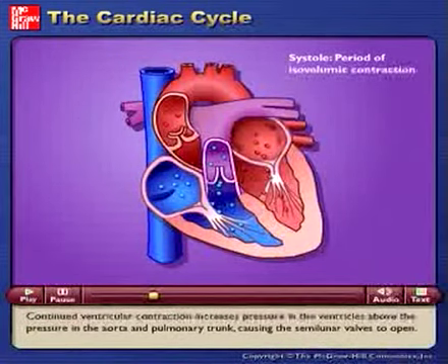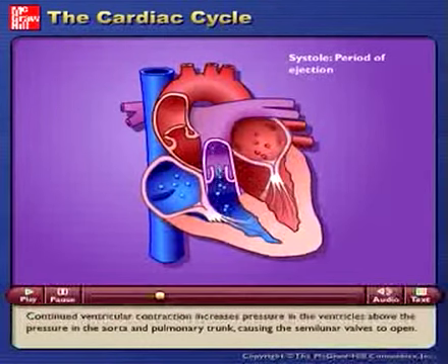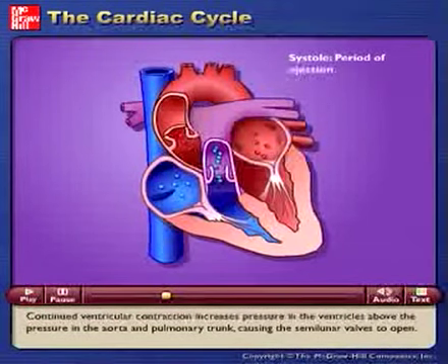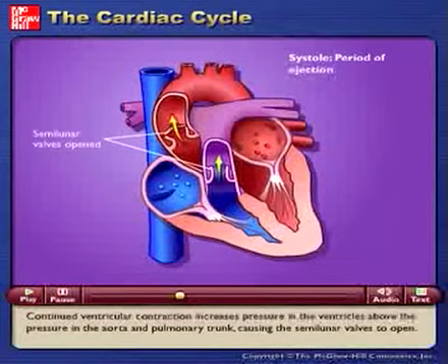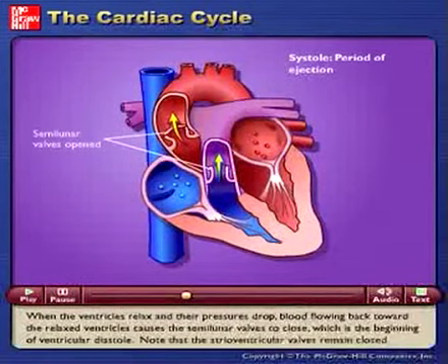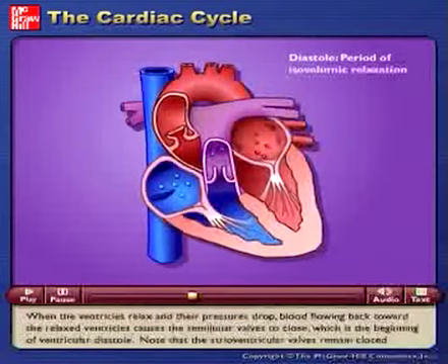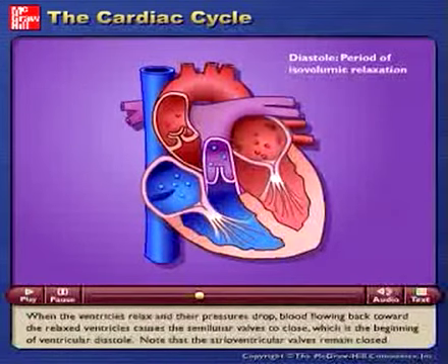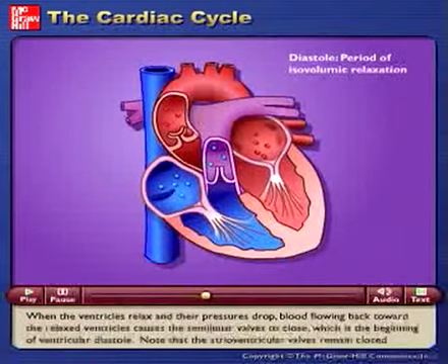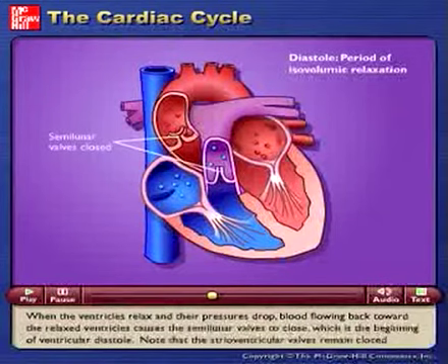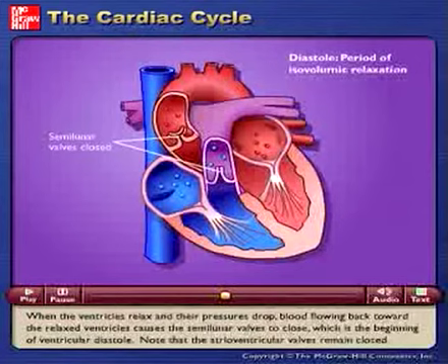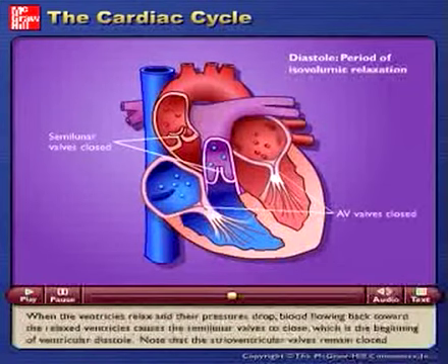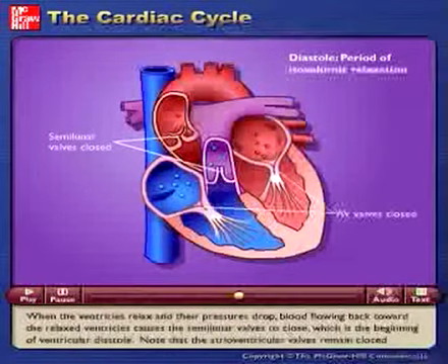Continued ventricular contraction increases pressure in the ventricles above the pressure in the aorta and pulmonary trunk, causing the semilunar valves to open. When the ventricles relax and their pressures drop, blood flowing back toward the relaxed ventricles causes the semilunar valves to close, which is the beginning of ventricular diastole.